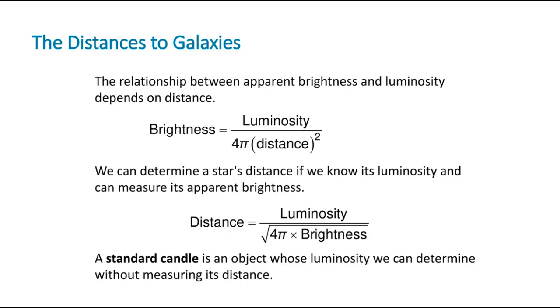We call these things that have a set luminosity a standard candle. Just by measuring the brightness of this object, we can figure out its distance. So these are very useful for astronomy.